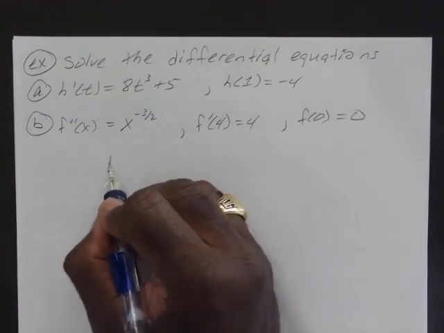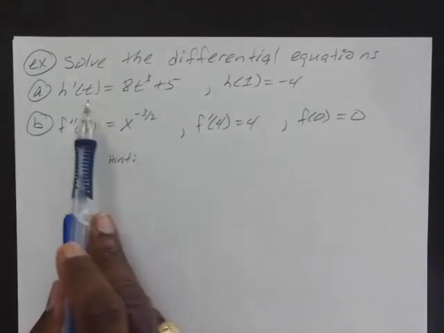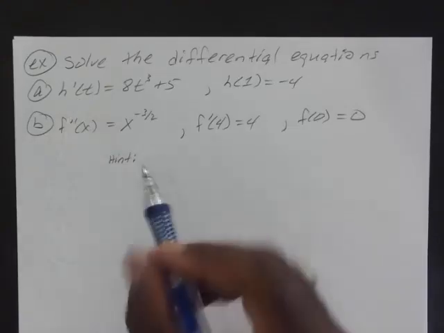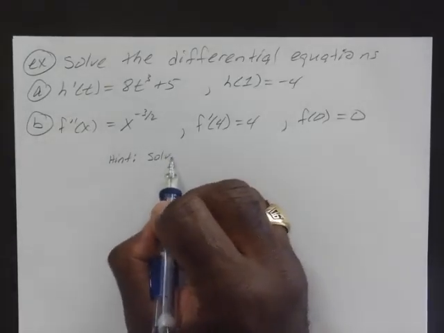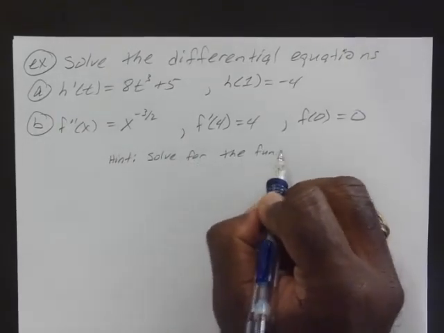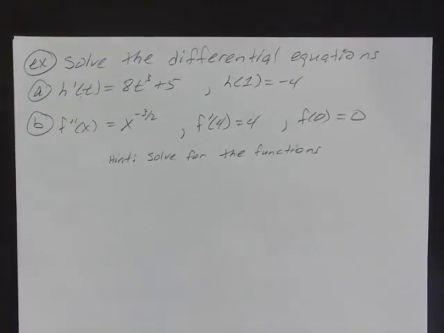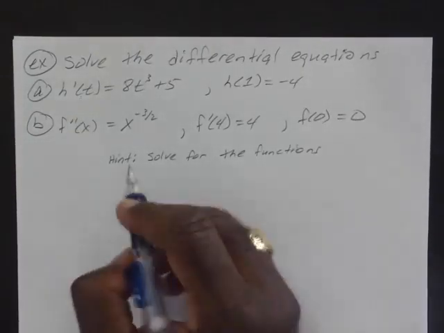Okay, so for these, there's a little bit of a hint. What you want to do is solve for the original functions. We have the first and second derivatives, and we want to solve for the original position function.